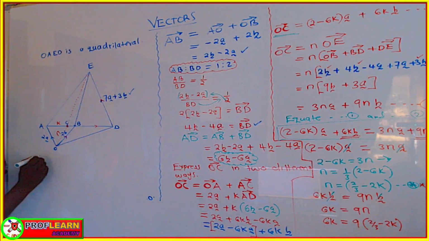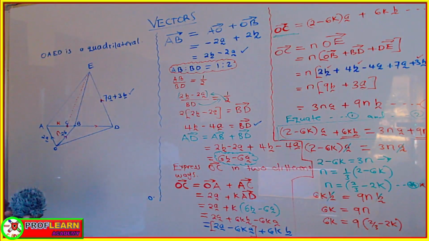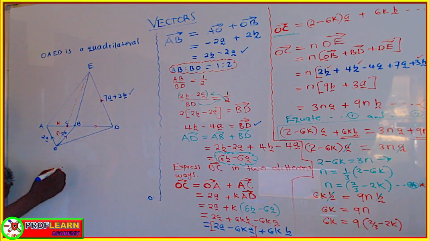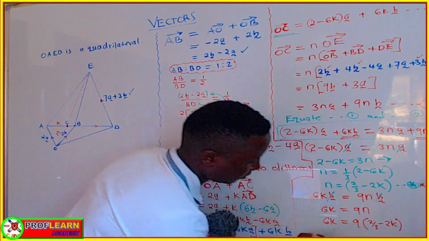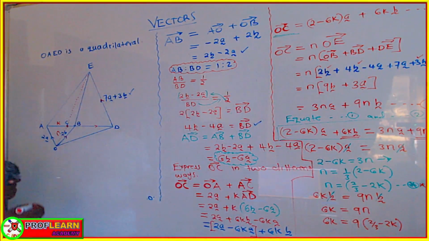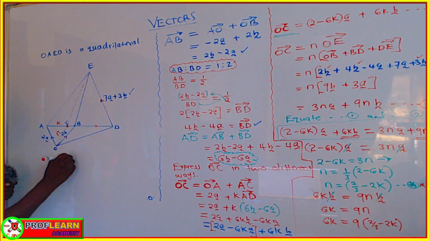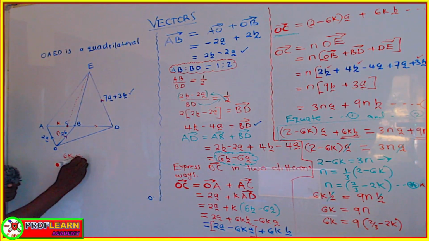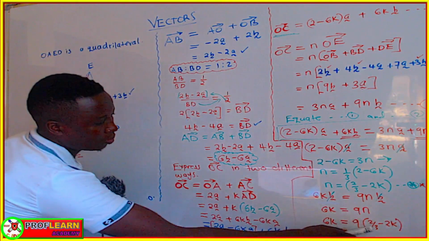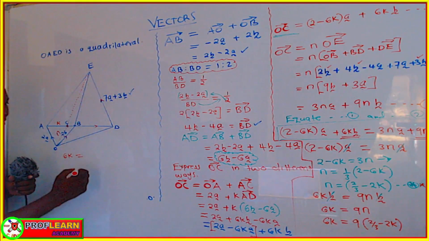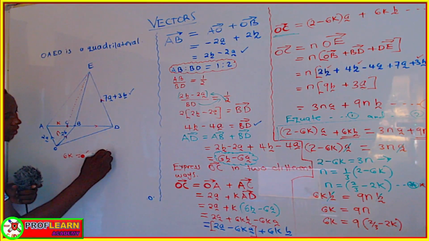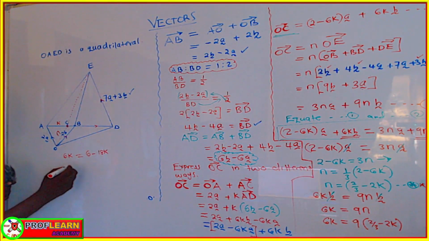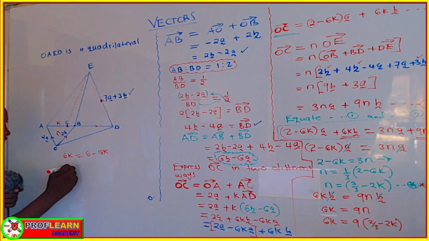The equation we have at this point is 6k equals 9 times 2 over 3, which gives us 6, minus 18k. So we can take 18k to the other side so that we put the like terms together.